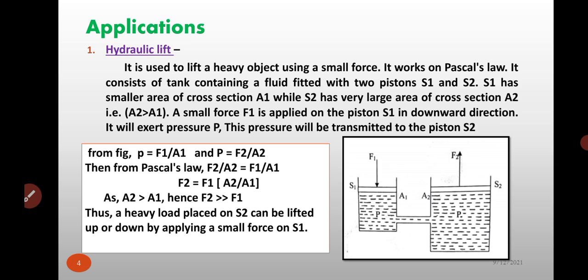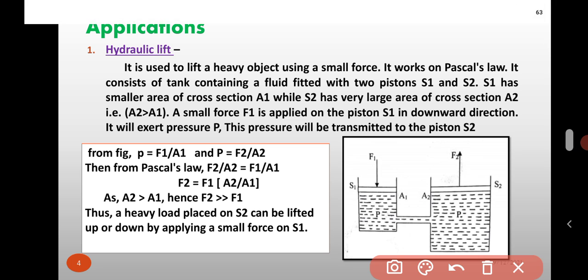Applications of Pascal's law. First application, hydraulic lift. It is used to lift heavy objects using a small force.